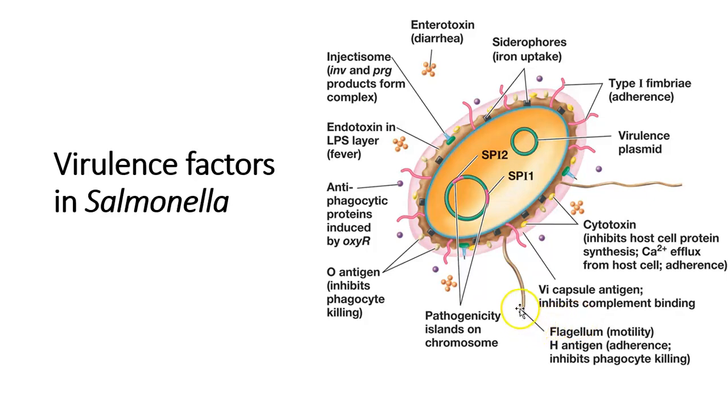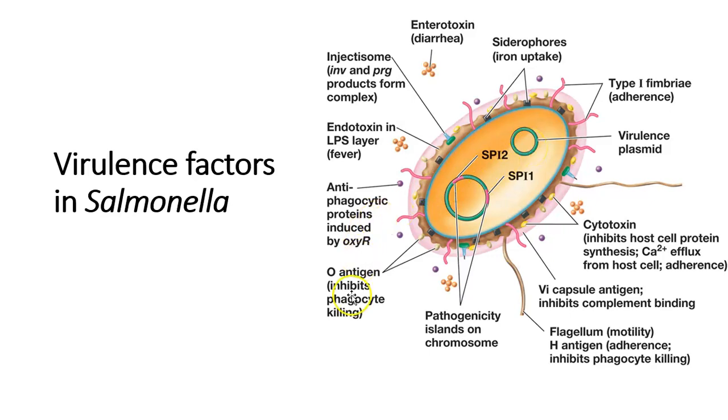But just understand. Here we're looking at our lovely little salmonella, and you can see the endotoxin in the LPS layer that causes fever. There's an endotoxin that causes diarrhea. There's fimbriae that allow it to attach. There's a virulence plasmid in here.